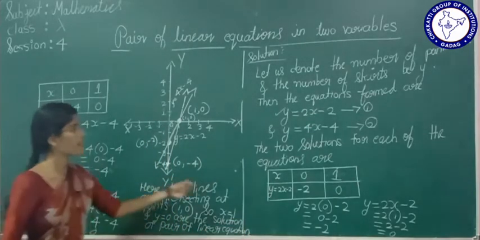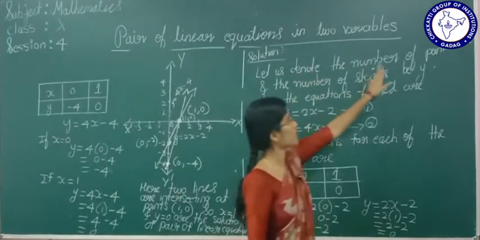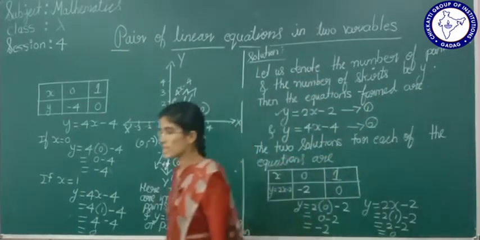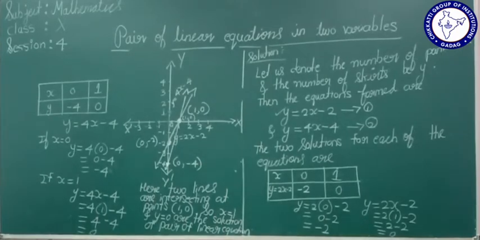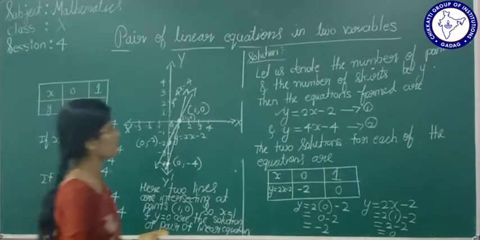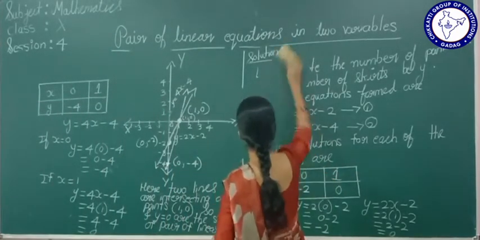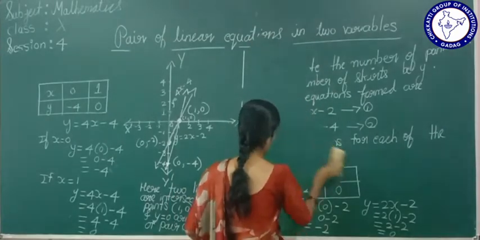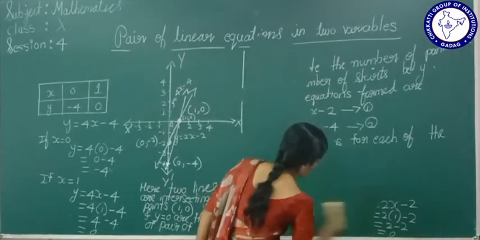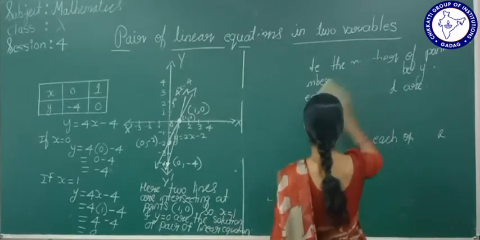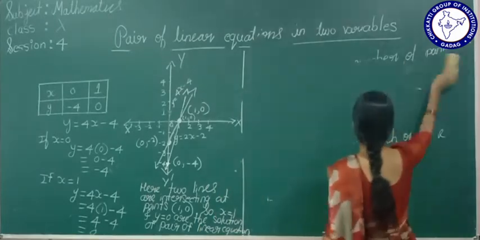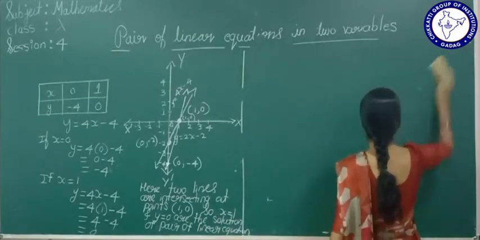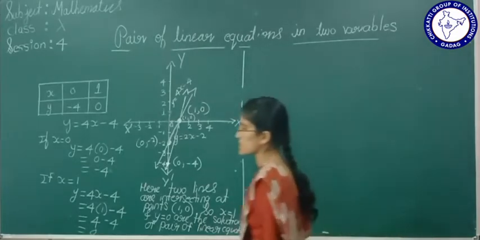Now see here, x represents the number of pens. Therefore the number of pens purchased is 1. And what about shirts? The number of shirts they have purchased is 0.